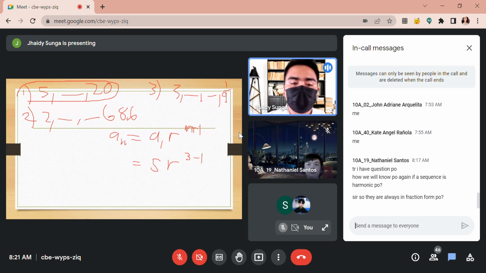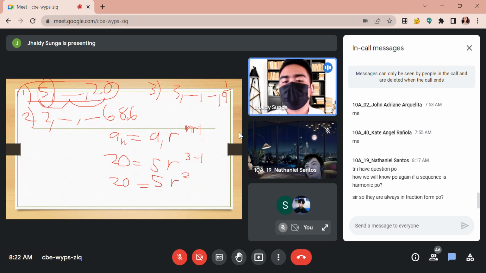Our a sub n is 20, our first term a sub 1 is 5, and we don't have the ratio yet because we lack terms. Our n is 3 because there are 1, 2, 3 terms. So 20 divided by 5 equals r raised to 2.